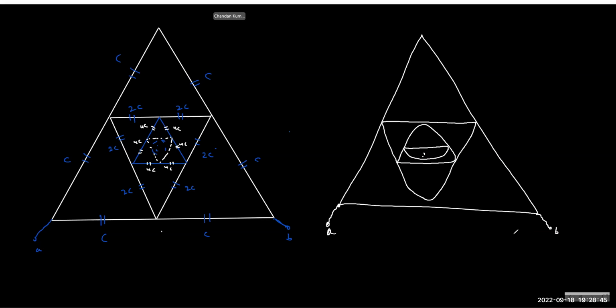Now, how to solve a question like this? Imagine the answer across A and B, let's say, is X. So it will have the format of some number into C, some K into C. But if I had started from C and D itself, ignoring the outermost triangle, the answer would have been the number into 2C, isn't it?